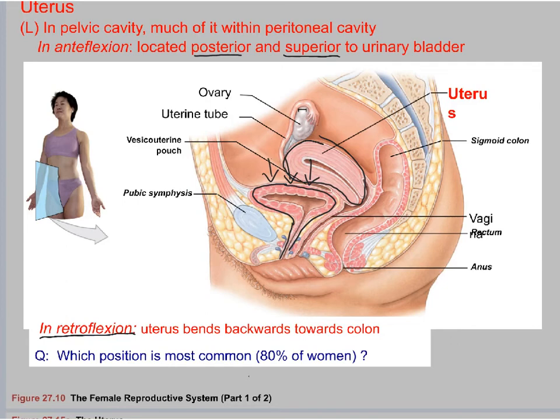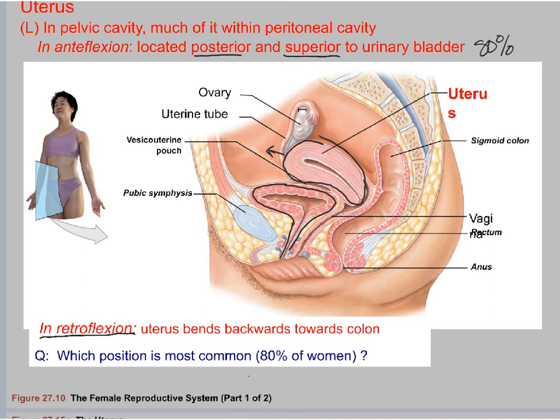There are two positions that the uterus can occur in. What you see right here is a position called anteflexion, where the fundus of the uterus is essentially pointing forwards, and that's the orientation of about 80% of women's uteruses.